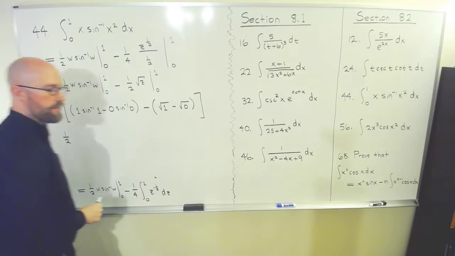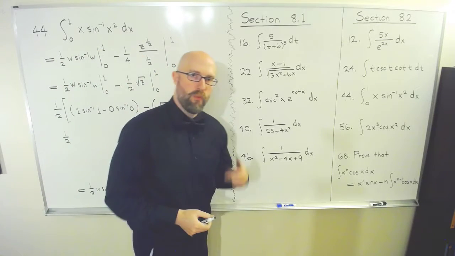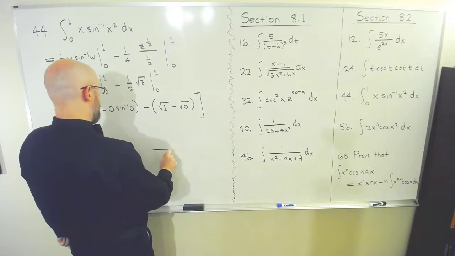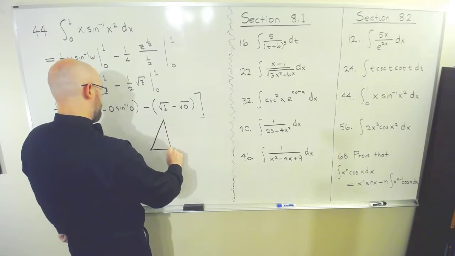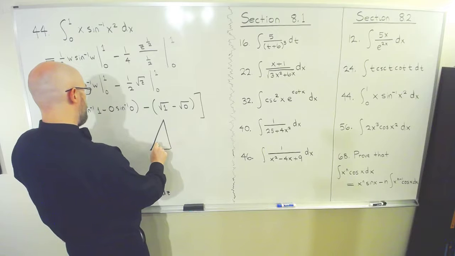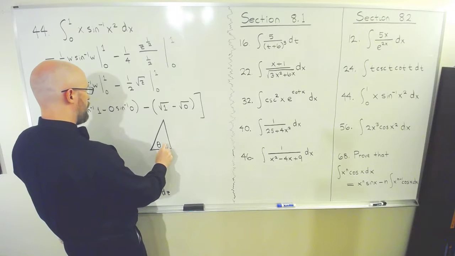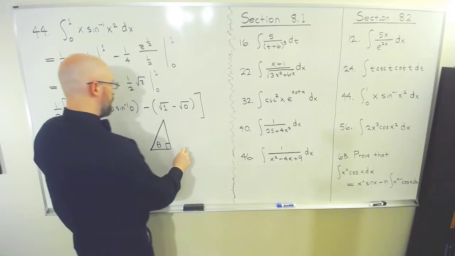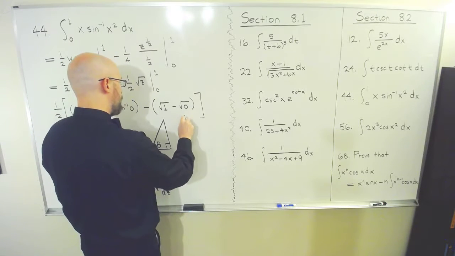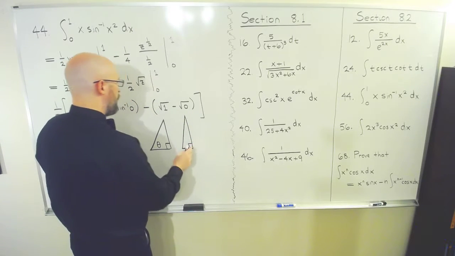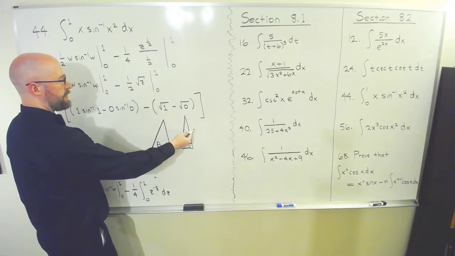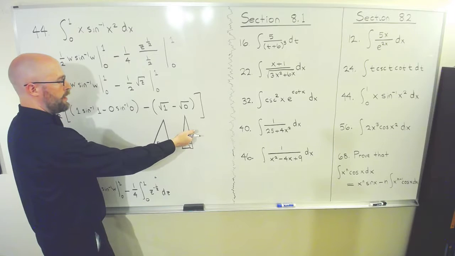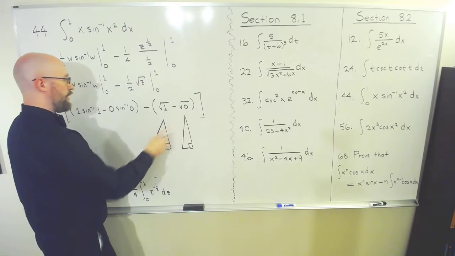What's inverse sine of 1? The angle whose sine is 1. That's, well, here's your angle, say I call it theta. As the angle is getting bigger, as it's getting closer and closer to pi over 2, then the opposite side is getting closer and closer to the hypotenuse, and sine is opposite over hypotenuse.